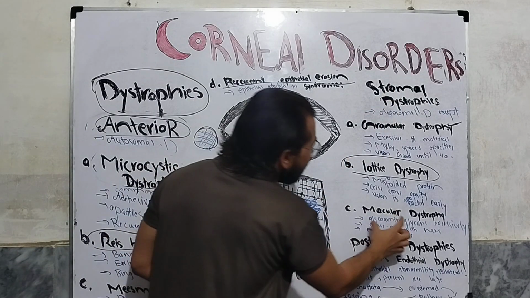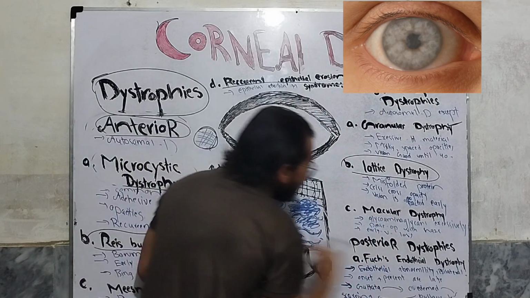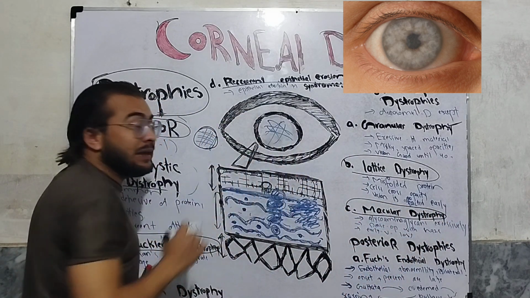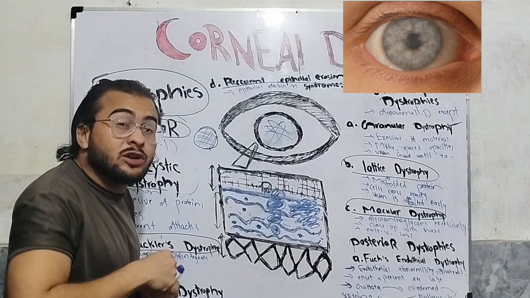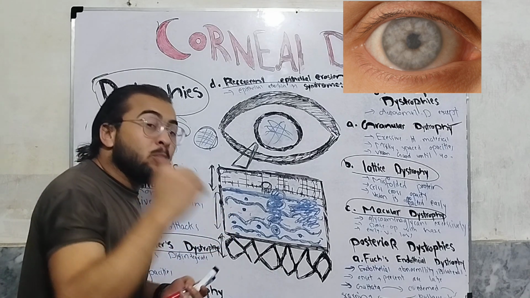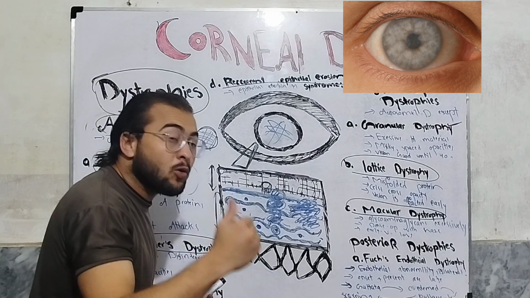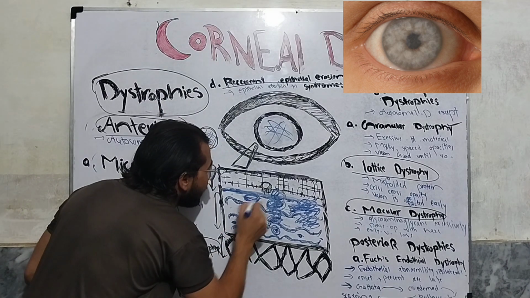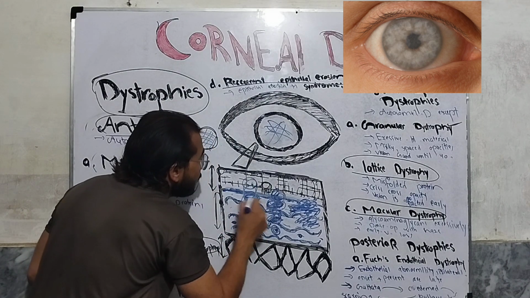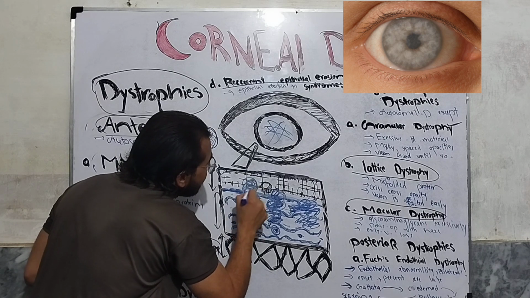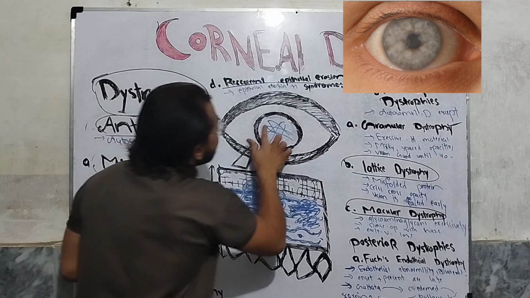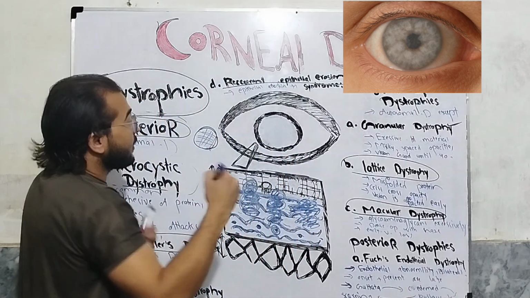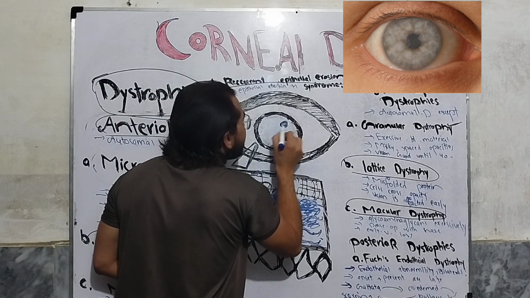The third of the stromal dystrophies is the macular dystrophy. What is happening in macular dystrophy, unlike the granular and lattice dystrophy, is the deposition of another substance, a polysaccharide called glycosaminoglycans. There will be excessive deposition of glycosaminoglycans in the stroma, which clinically will look like dense opacities.